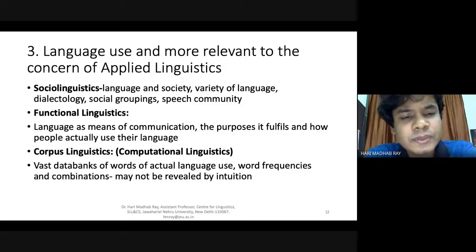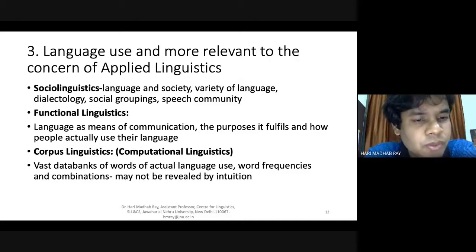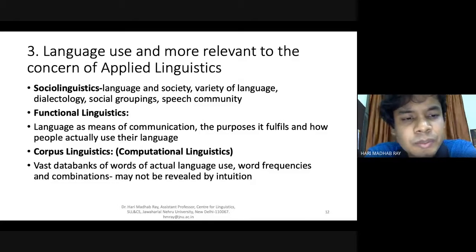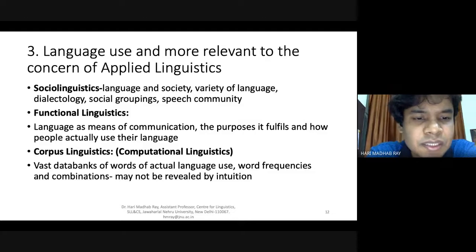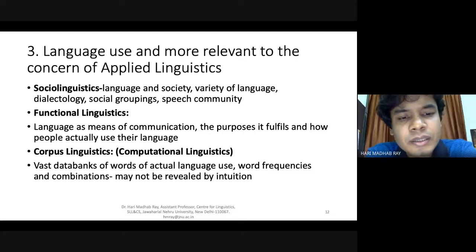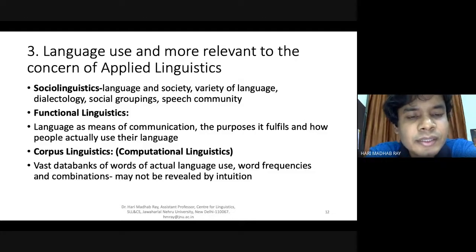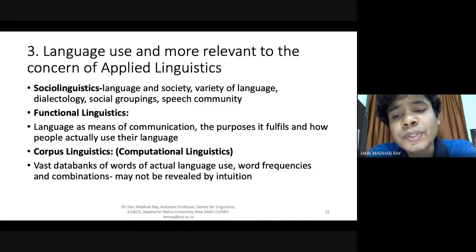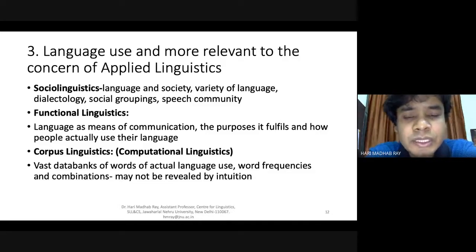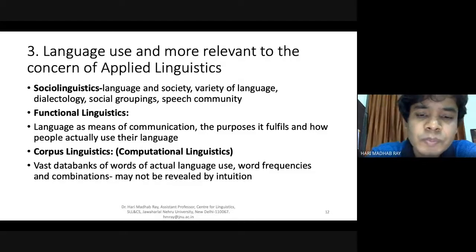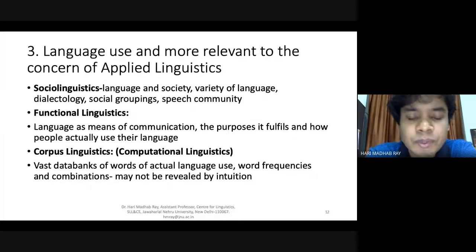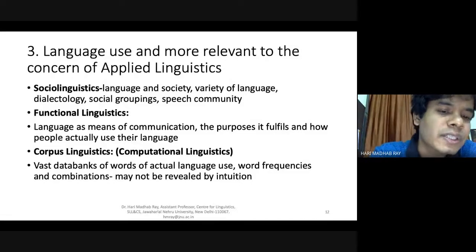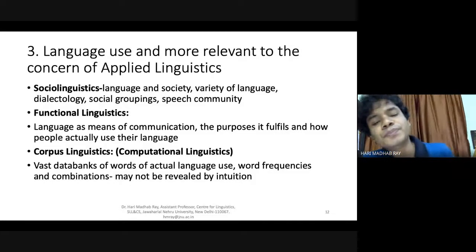He's also one of the experts in corpus linguistics. Also our colleague from JNU, Professor Girish Jha, is an expert in Sanskrit and Sanskrit corpora, and computational linguistics. I think you are doing his course, and that would be really helpful for those who have that kind of interest in computational linguistics.